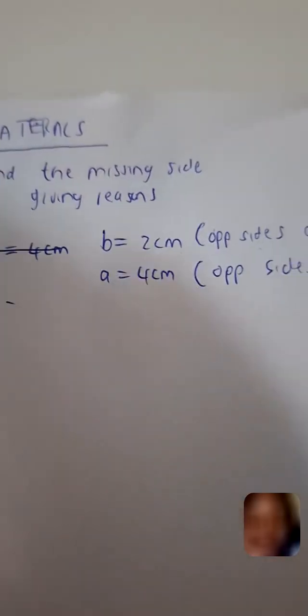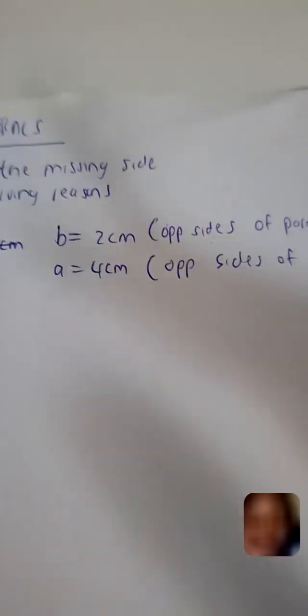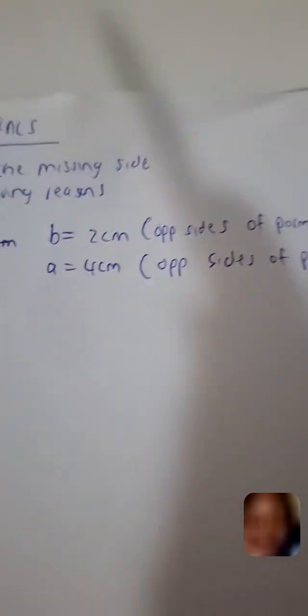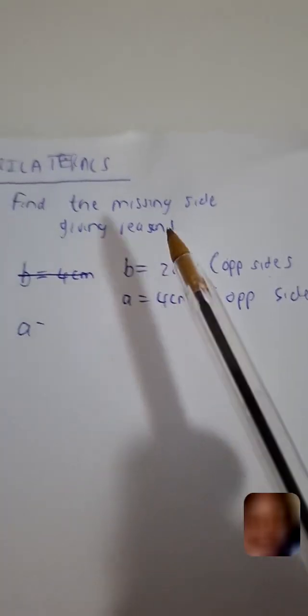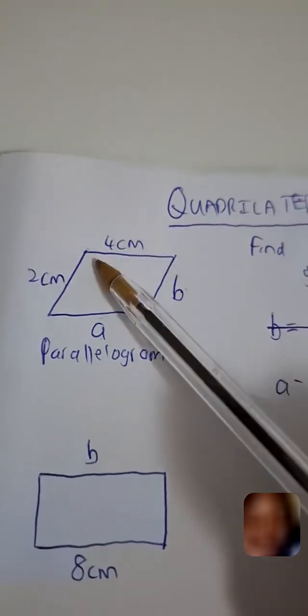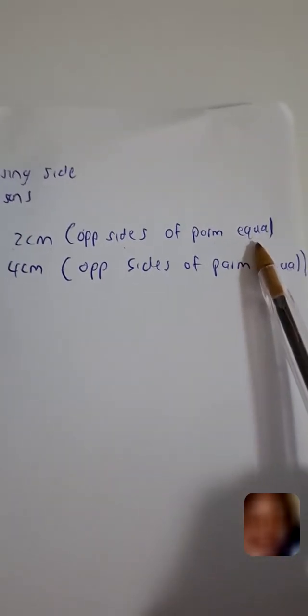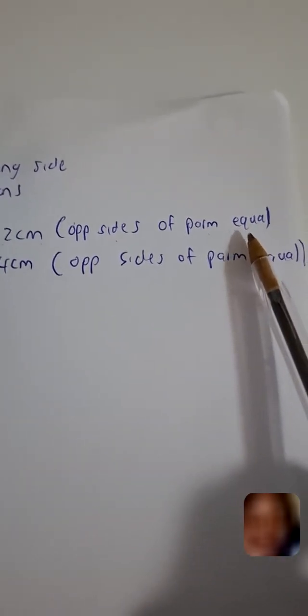In as much as I am helping you right now, always try to align yourself very closely to what your teacher specified you should write whenever you are doing such problems. So I don't know, from the notes that you have, when you were identifying a side that is opposite and equal for a parallelogram, what was the specific reason that you used when you were at school or in class?